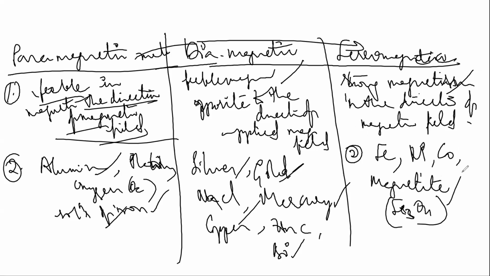This is also a perfect ferromagnetic material. So iron, cobalt, nickel, and magnetite. Silver, gold, sodium chloride, mercury, copper, zinc, and bismuth are diamagnetic. Aluminium, platinum, oxygen, and solutions of iron come under paramagnetic materials. Feeble magnetism in the opposite direction is diamagnetic, and strong magnetism in the direction of the magnetic field is ferromagnetic. These two are the major differences. Now, let me give you the other differences also.